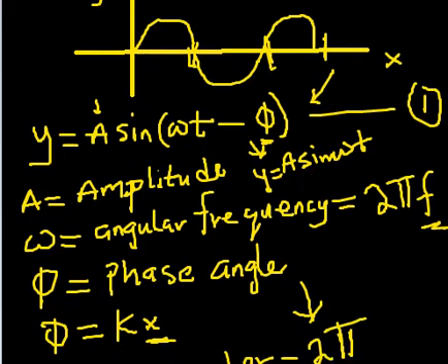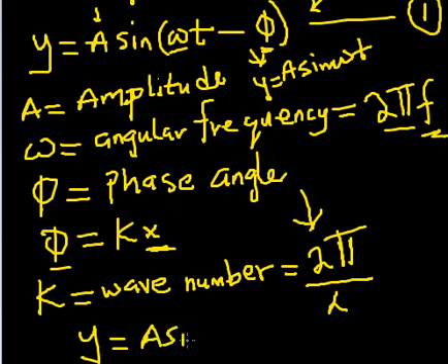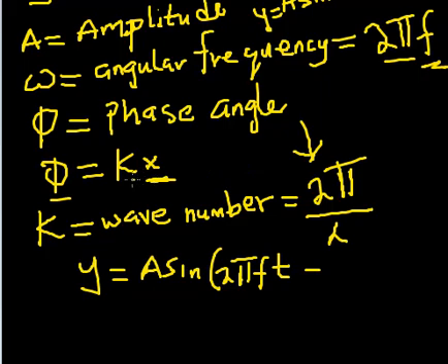Now I can change it, knowing that omega is equal to 2 pi f and phi is equal to kx. So this can also be given as y is equal to a sine, open bracket, omega is 2 pi f, so I change it to 2 pi f t, then minus kx.